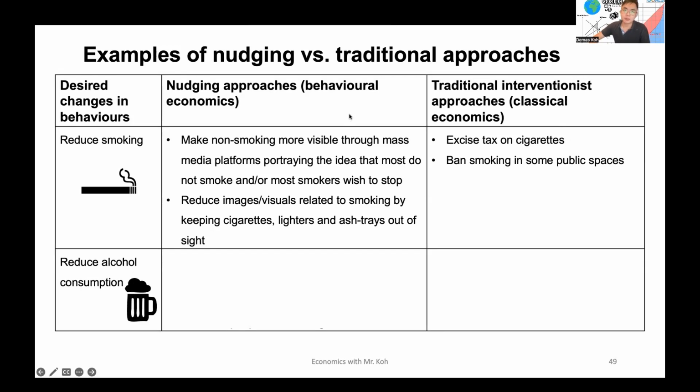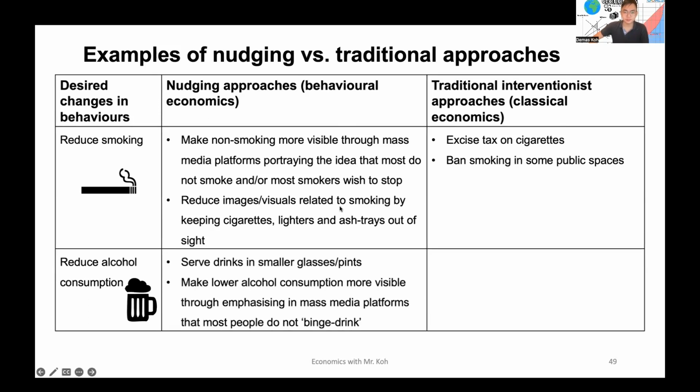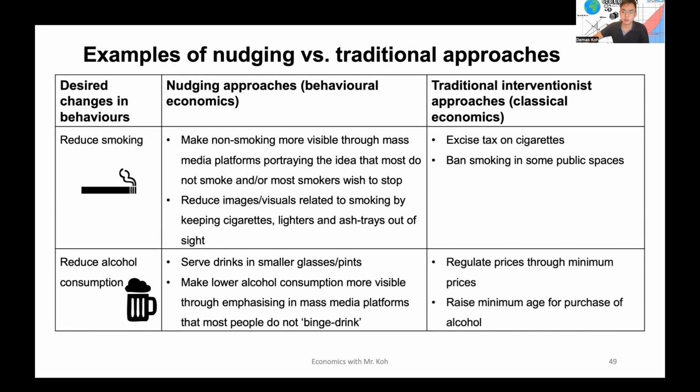And another example in the form of desired changes in behaviors, specifically reduction in alcohol consumption, perhaps serving drinks in smaller glasses or pints, making lower alcohol consumption more visible, perhaps through emphasizing mass media platforms that the majority of the population don't actually binge drink, right?